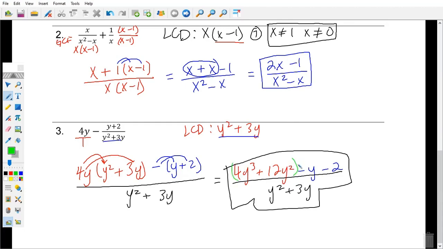When I start grouping, this is going to factor out to become 4y(y plus 3). When I group this one, it's going to factor out to be y plus 2. Can I do anything further past that? No, because your binomials have to be the same. And my binomials would not be the same, so therefore, it is not factorable.